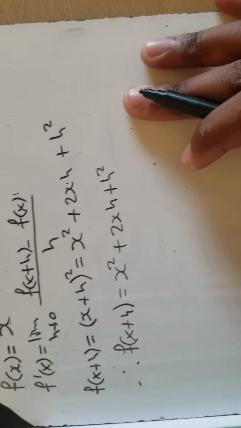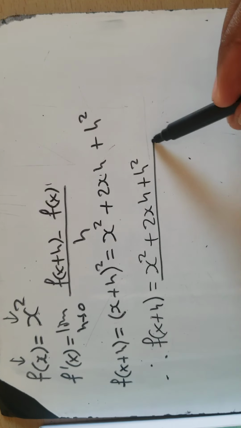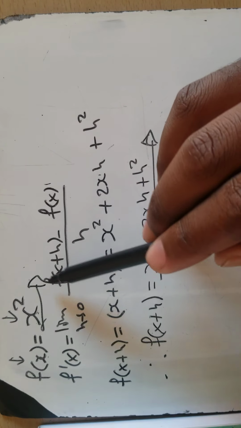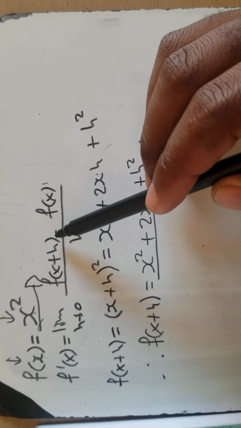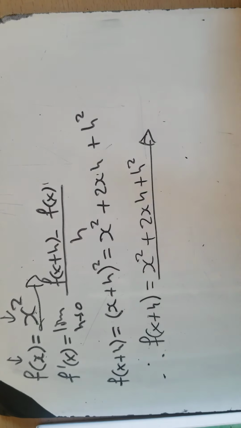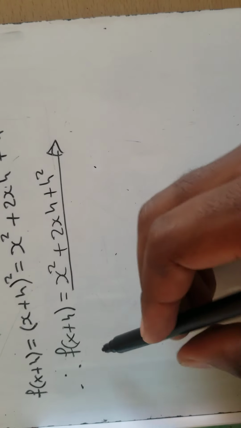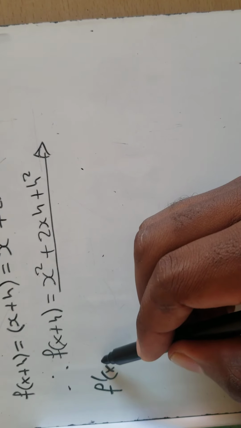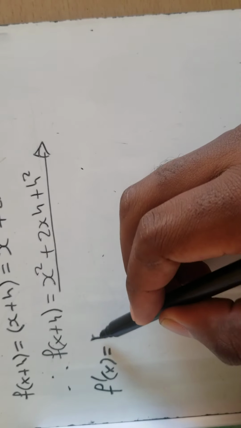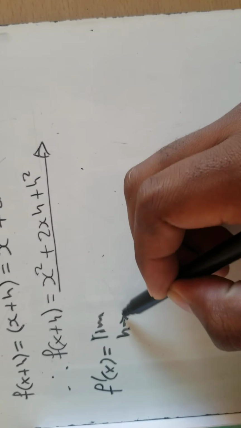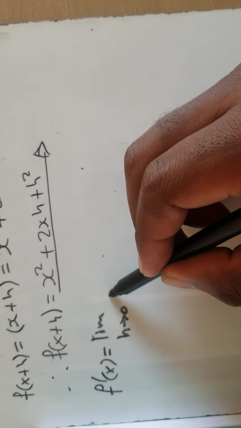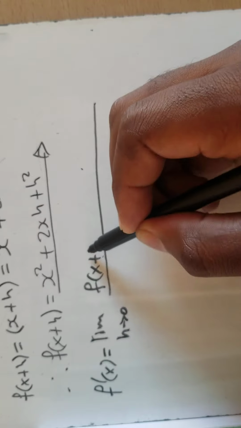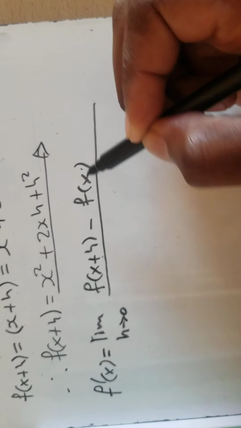So now we did get the value of f of x plus h, and we want to substitute it, and then we subtract f of x, and then we see what happens after. The equation for first principles states that f prime x equals the limit, do not forget the limit, as h approaches 0, of f of x plus h minus f of x all over h.